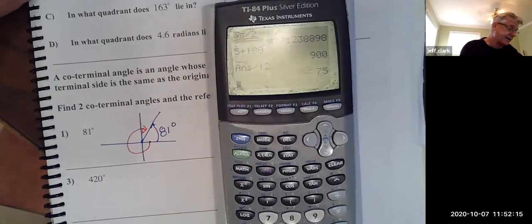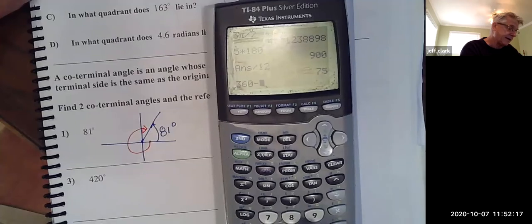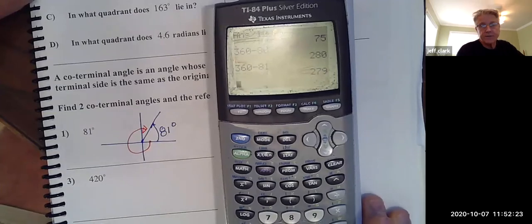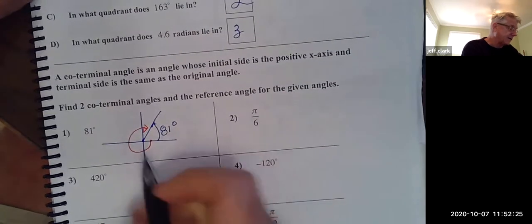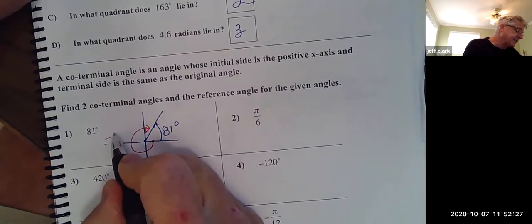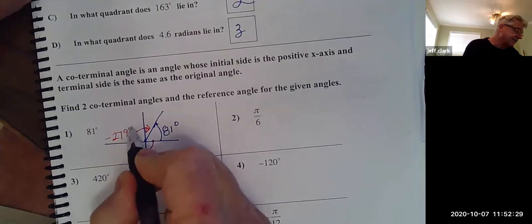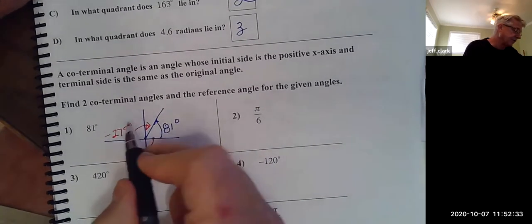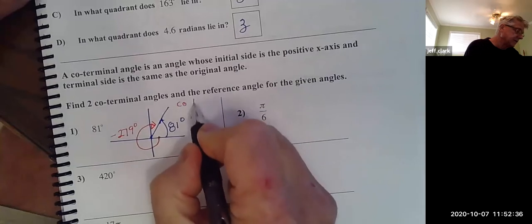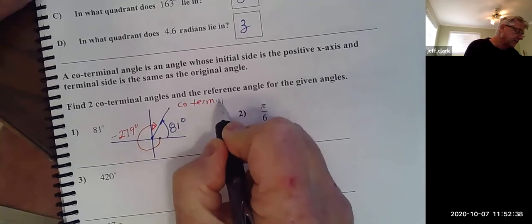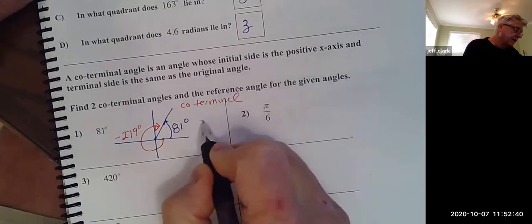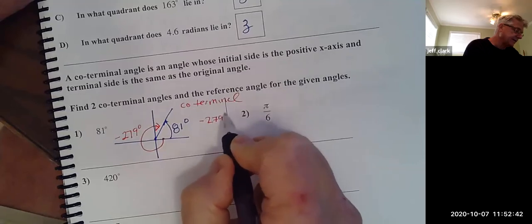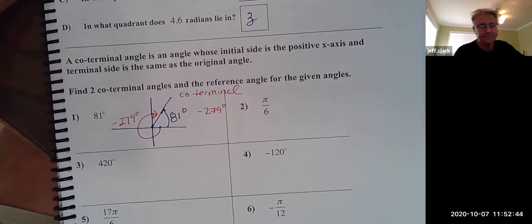So 360 minus 81 is 279, but it's negative. Negative 279 degrees is a coterminal angle. This is coterminal. Negative 279, that's one example.